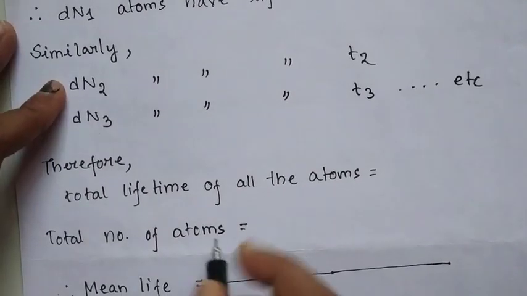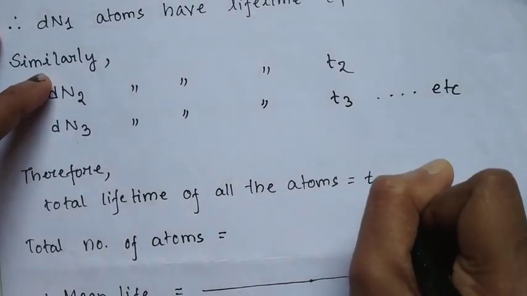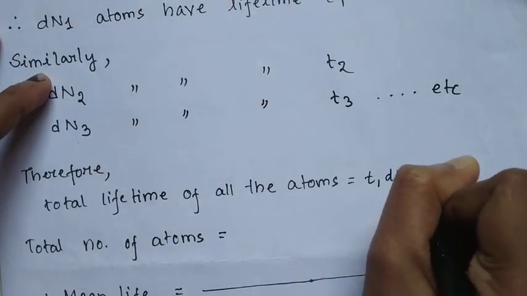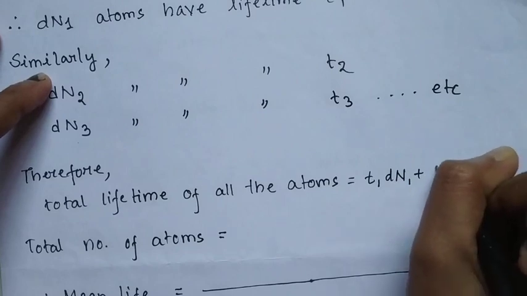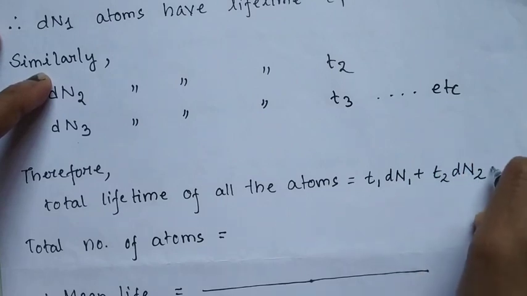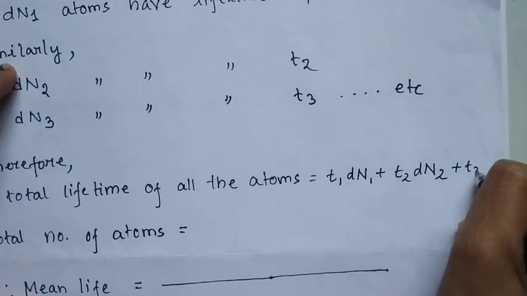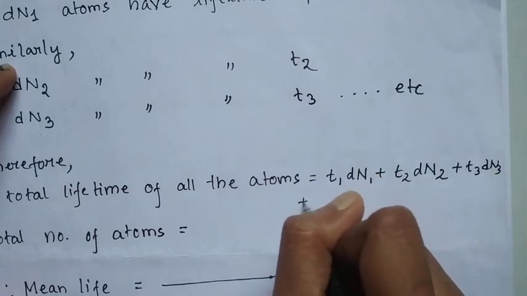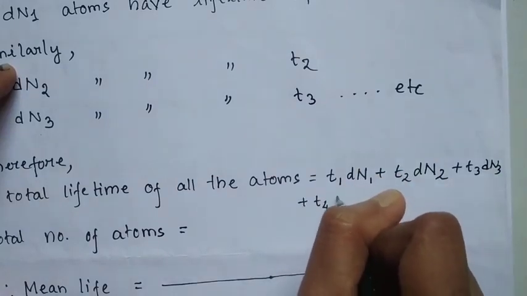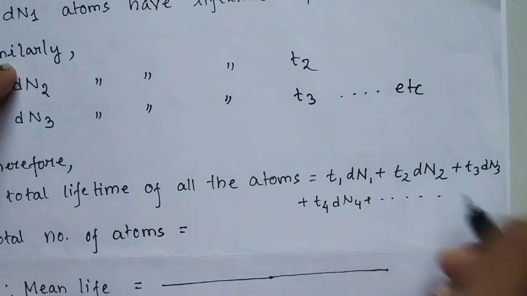So the total lifetime of all the atoms will be t1 dN1 plus t2 dN2 plus t3 dN3 plus, if we consider another lot, t4 dN4 and so on.